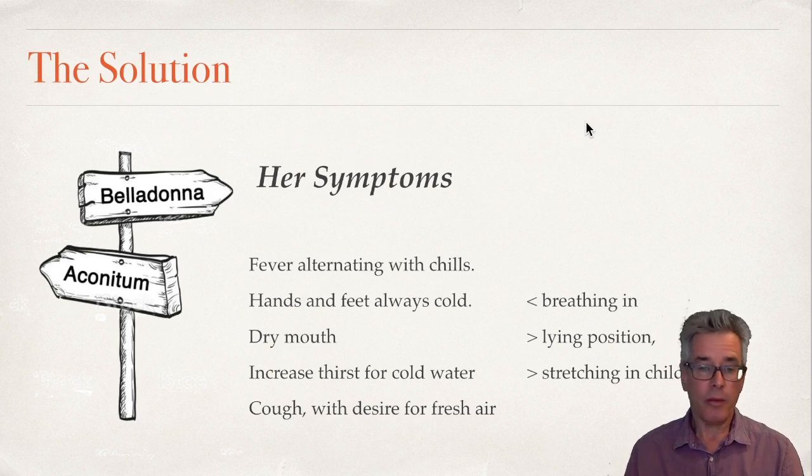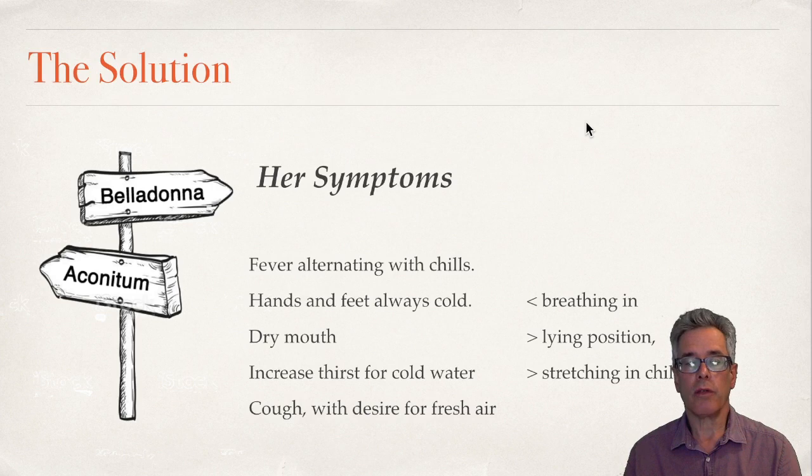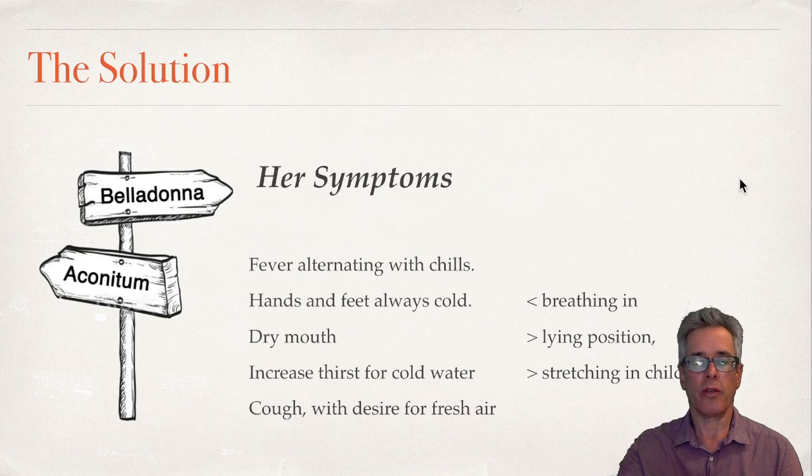Her hands and feet, always cold. She has a dry mouth with an increased thirst for cold water. She has a cough with desire for fresh air, and it's worse for breathing in. It's better when she lies down, and it's better when she's stretching out on the floor doing a yoga stretch.